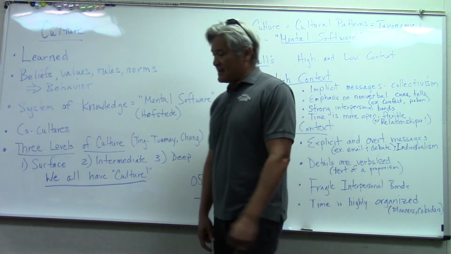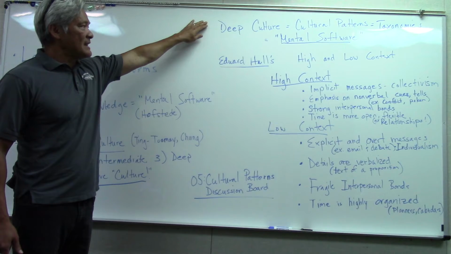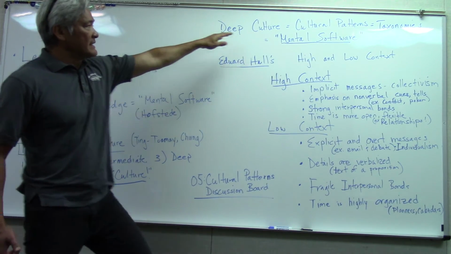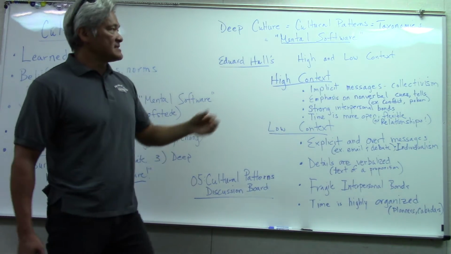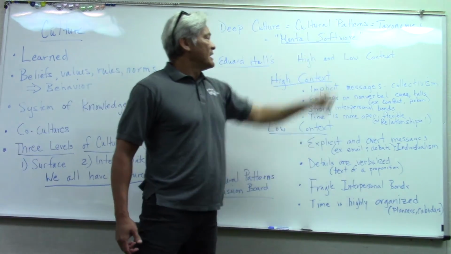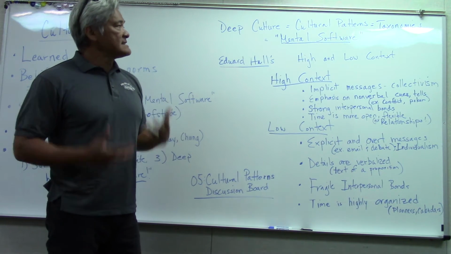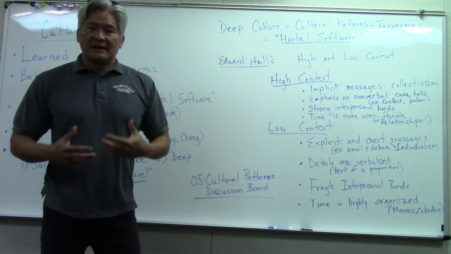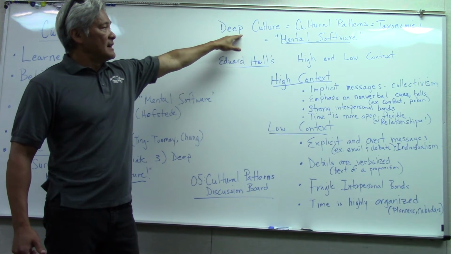I'm going to move on to, now that we've established deep culture basically equals cultural patterns. Okay, there's a term in your textbook that's used called taxonomies. And really what those are is they're cultural patterns. They're a way to categorize various behaviors, okay?